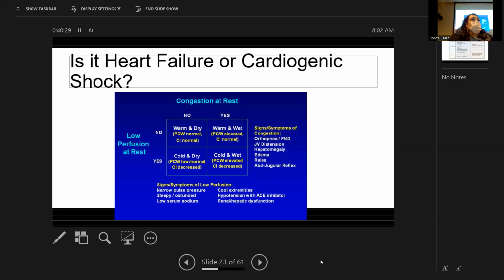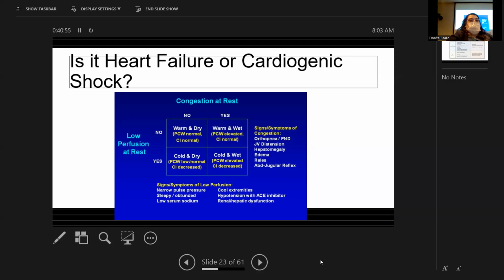LVEDP and wedge should be the same as long as there's no mitral valve disease. When their pressures are elevated, you usually will have to diurese them, but most of them are warm. Rarely are they truly warm and dry. Maybe a small STEMI that came in early, got revascularized, did fine.